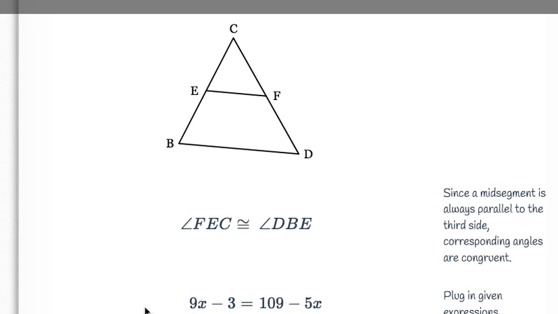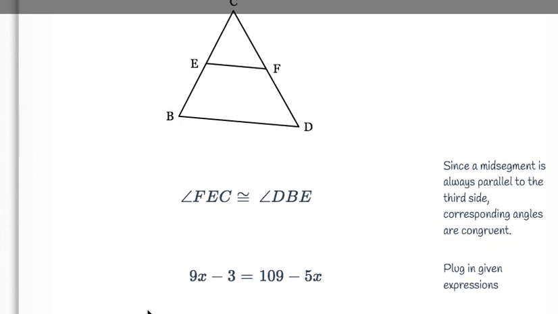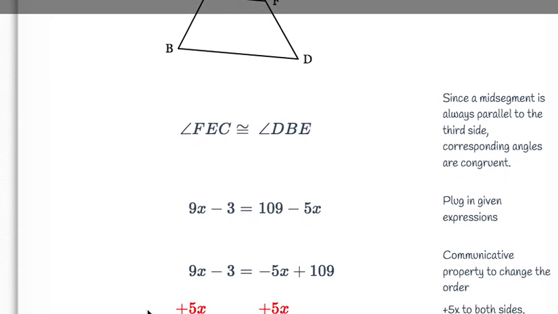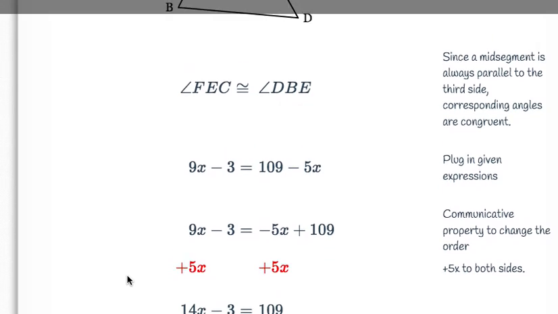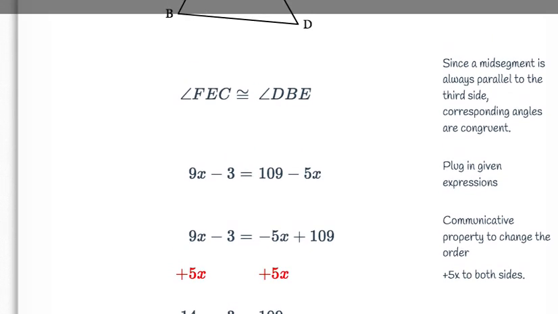When we plug in FEC and DBE, this is the equation you should have. Then when we add 5x to both sides, you should have 14x minus 3 is equal to 109. We're just adding 5x to both sides.